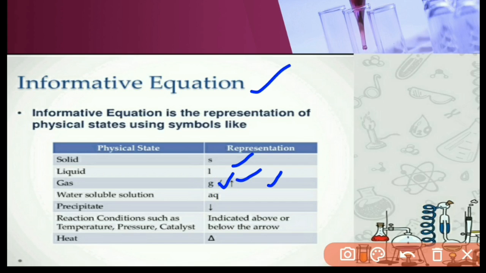When any solute dissolves in a solvent, we use aq. If a precipitate is formed in a reaction, we use a down arrow. Reaction conditions such as temperature, pressure and catalyst are indicated above or below the arrow. For heat use the triangle. So these physical states are used for the representation of a balanced chemical equation.